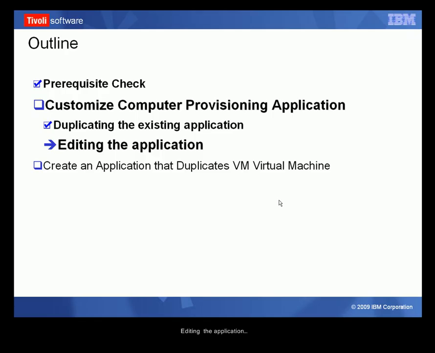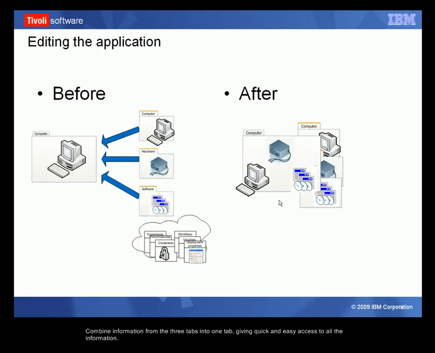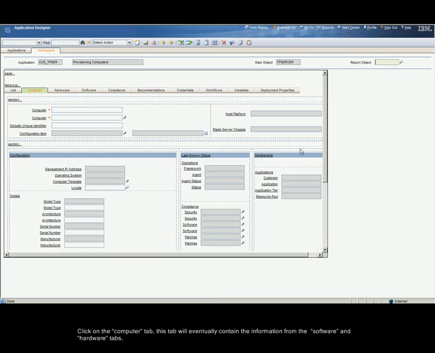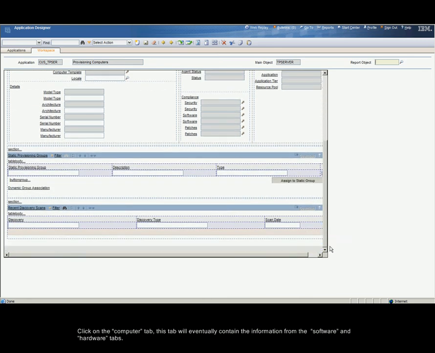Editing the application. Combining information from the three tabs into one tab will give us quick and easy access to all the information we need on a computer. Click on the Computer tab. This tab will eventually contain all the information from the Software and Hardware tabs.